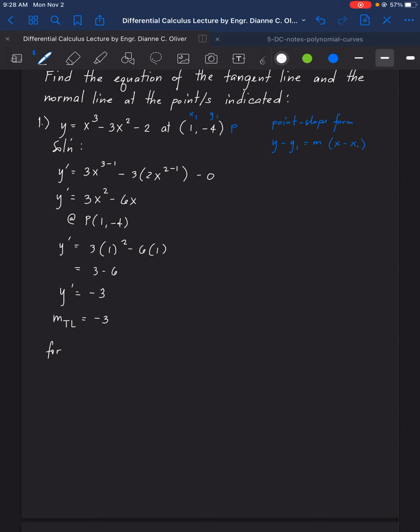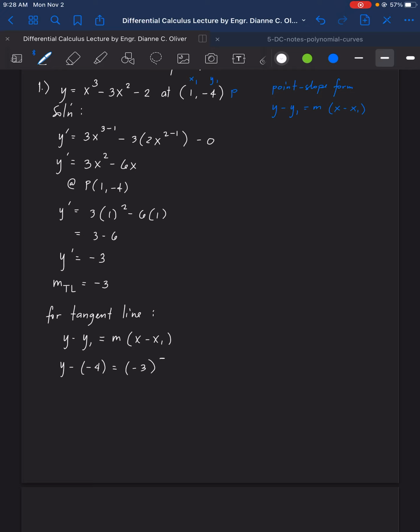Now for the tangent line, using the point slope form y minus y1 equals m times x minus x1, then knowing that y1 is equal to negative 4, the slope m is negative 3, and x1 is 1. So let's just simplify this and we will be getting our equation.